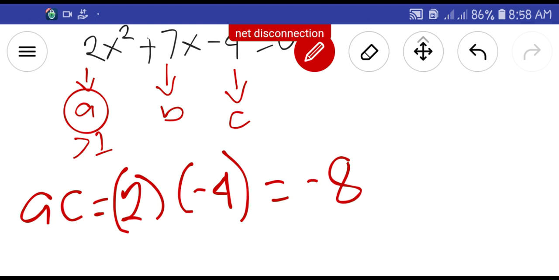Alright, so which of the factors of this negative 8 will give us the sum of 7? As we all know, the factors of negative 8 which will give us the sum of 7, since the value of b is 7, this one.